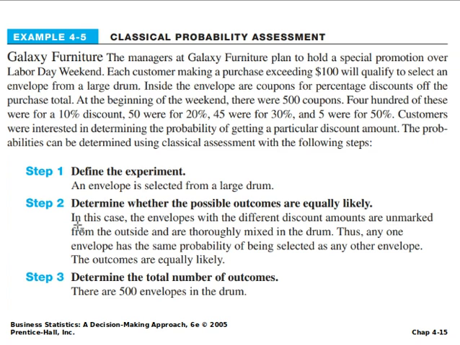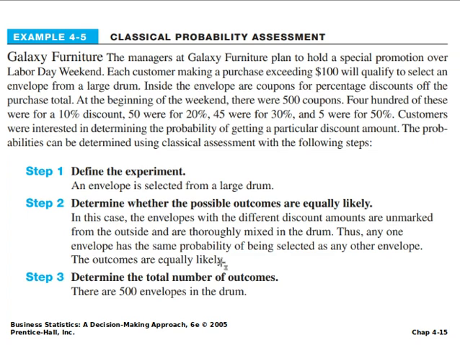Is it random? In this case, the envelopes with the different discount amounts are unmarked from the outside and are thoroughly mixed in the drum. Thus, any one envelope has the same probability of being selected as any other envelope. The outcomes are equally likely.